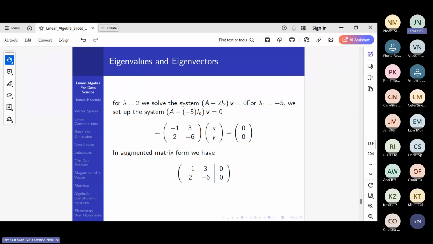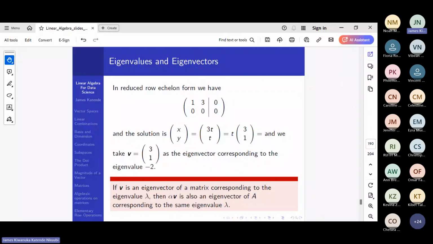So we get the augmented matrix, do our magic, and we end up with the reduced echelon form here. We have 1, then we have 3. The second row is all zeros, so we can ignore it. We don't need it anymore.